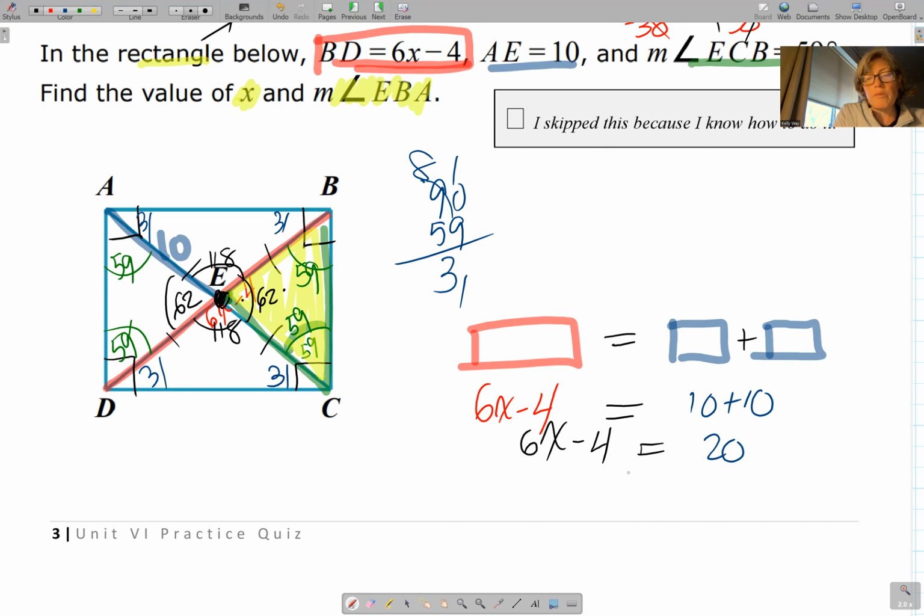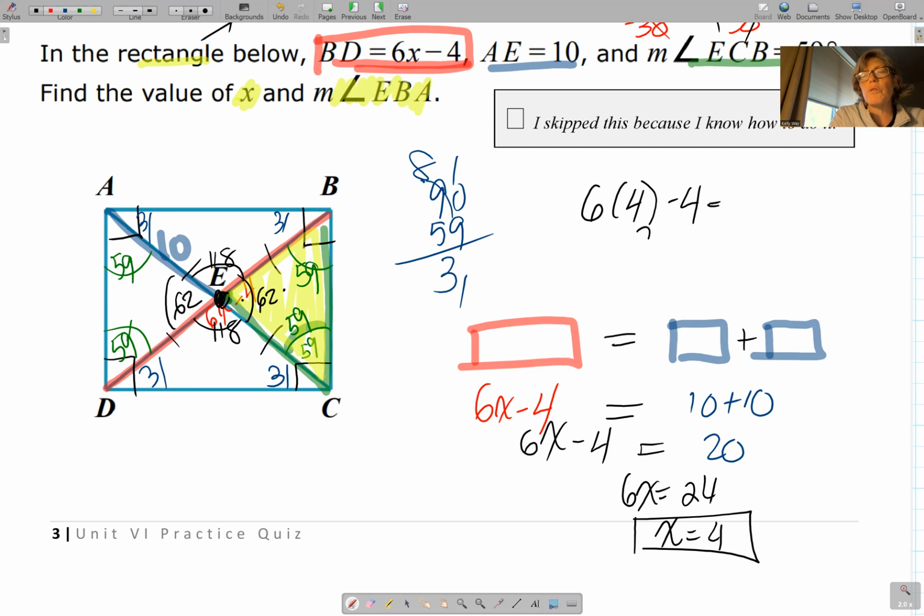You solve from there. We have 6x equals 24. Of course, x equals 4. Plug it in. Always double check that. 6 times 4 minus 4. That's 24 minus 4. 20, which is double of everything.